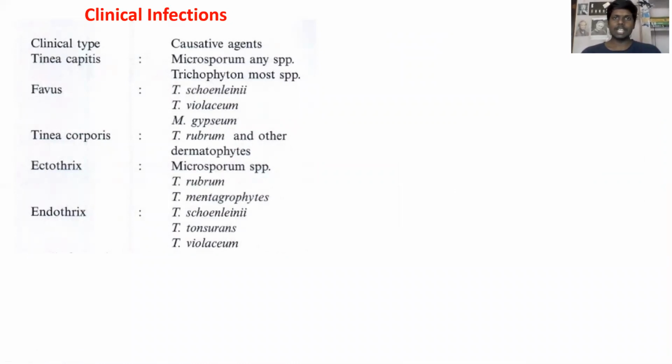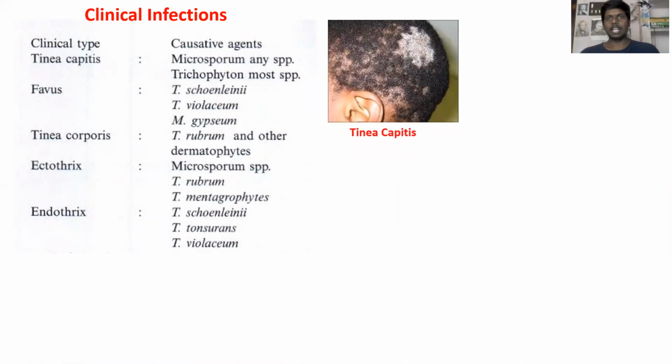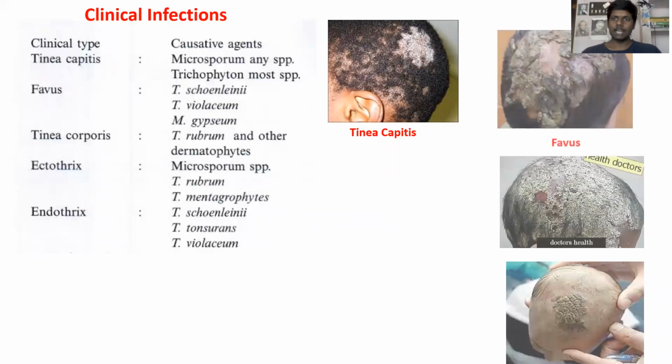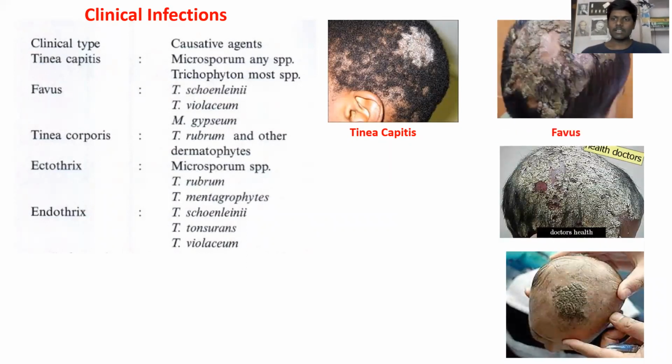The first one is Tinea capitis, which is a ringworm infection of the hair of the scalp. This is how Tinea capitis looks. Then we discussed favus. Favus is a green colored fungal growth on the hair on the scalp. Then Tinea corporis, an infection on the non-hairy part of the skin.